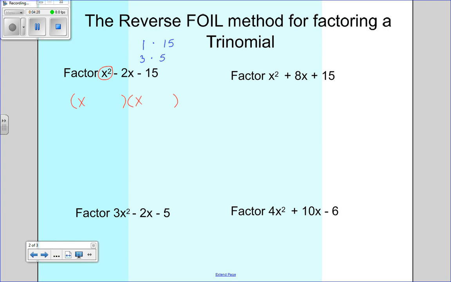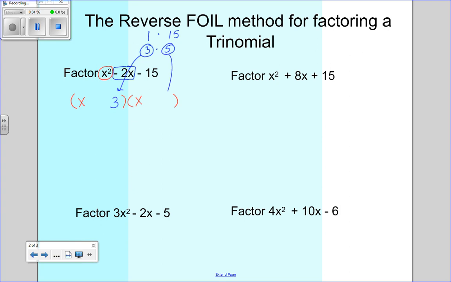Then I'll look at the middle term. In this particular situation, I think which of these factors, the 1 times 15 or the 3 times 5, actually add or subtract to give me a negative 2. It's the 3 and the 5. So what I'm going to do is take that 3 and circle it to show you that I'm going to put it here.